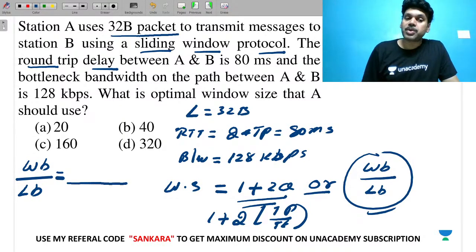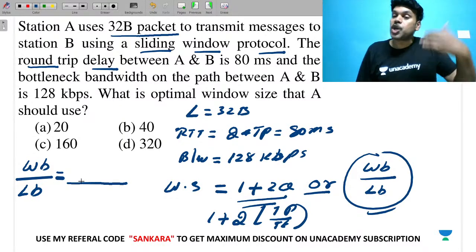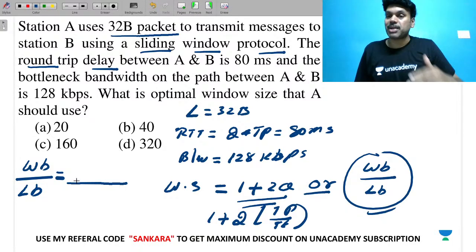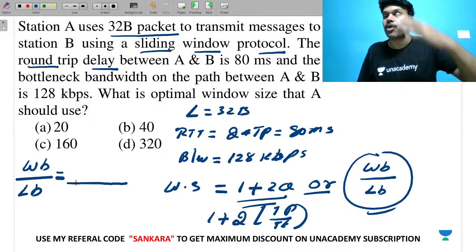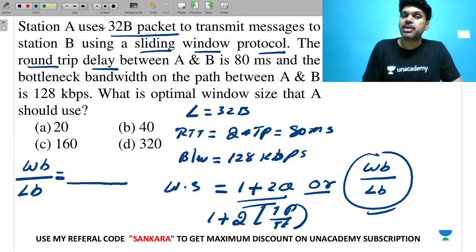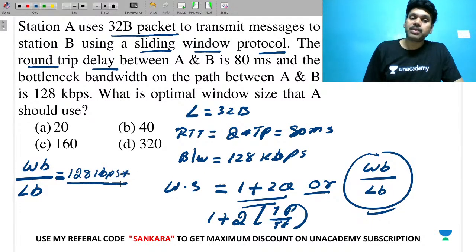Window of bits, how to calculate? Window of bits is nothing but your channel capacity, or volume of the pipe, or number of bits that fit in the channel, or bandwidth delay product. Window of bits is nothing but bandwidth 128 kbps into 2 of your TP.